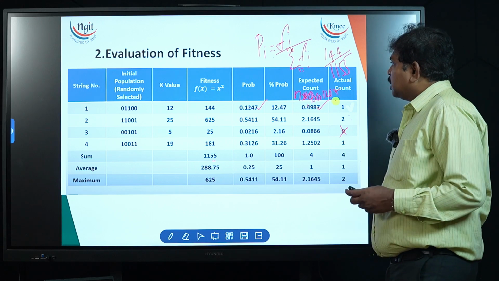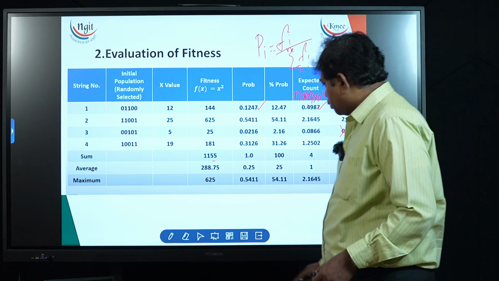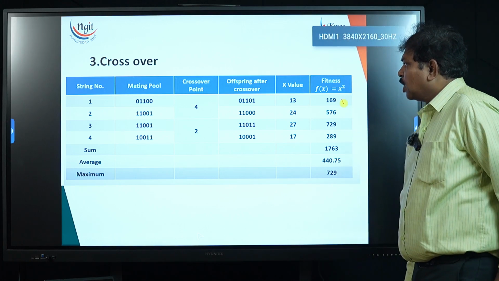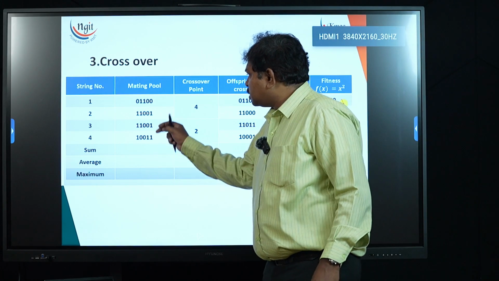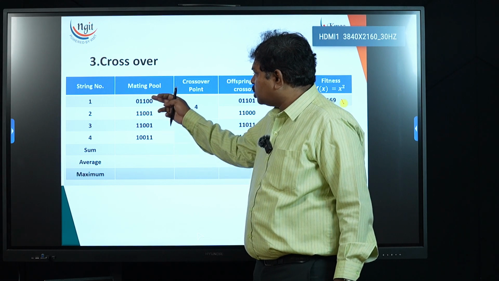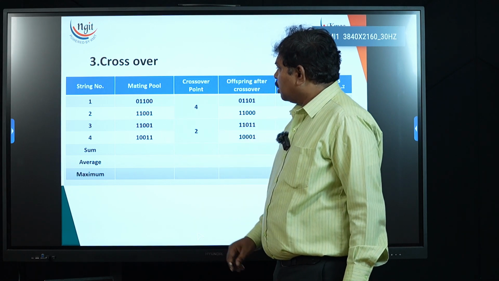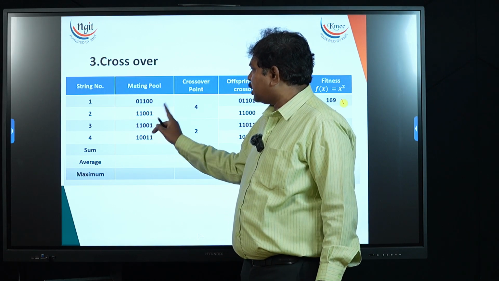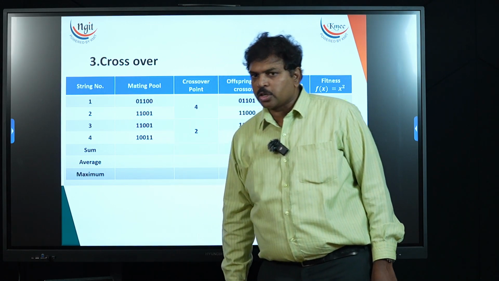Now the next step, parent selection, is done. Only these 3 parent samples are eligible for becoming a parent, but the third one is 0. So in place of the third one, I replaced it with the strongest parent. So this is the step of crossover.